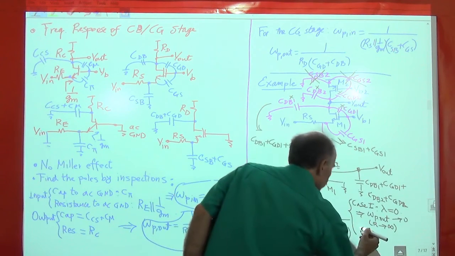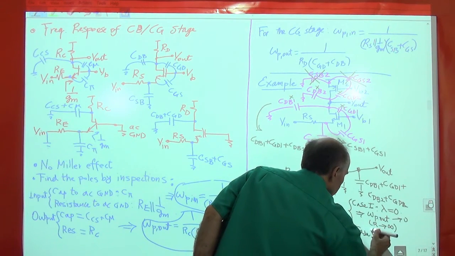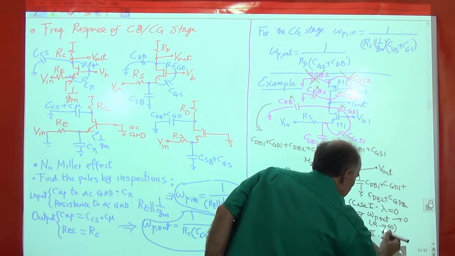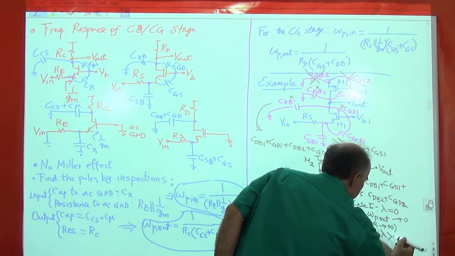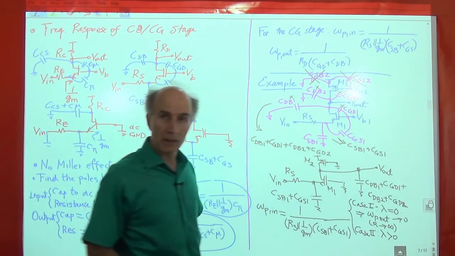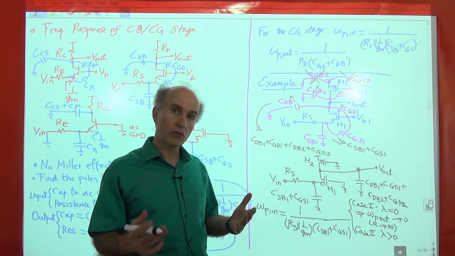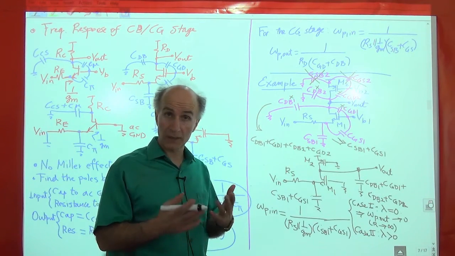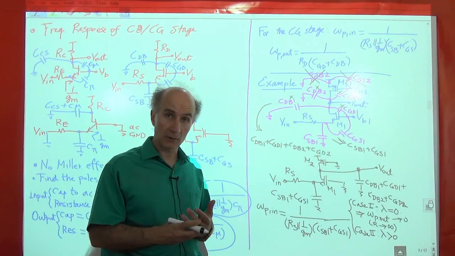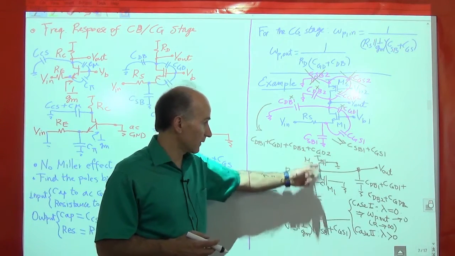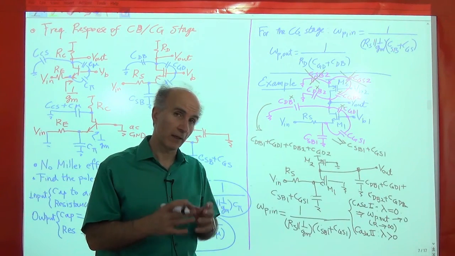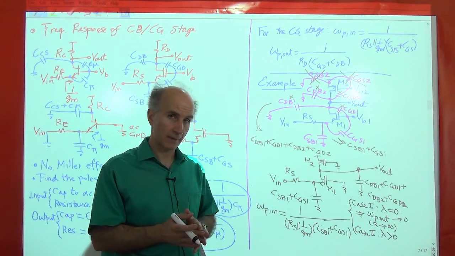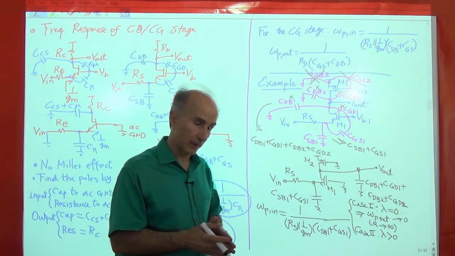So we go to case number 2 and we say lambda is not 0, right? So there is some finite channel length modulation, and we should take that into account. We should take into account that these transistors have a finite output resistance. All right.